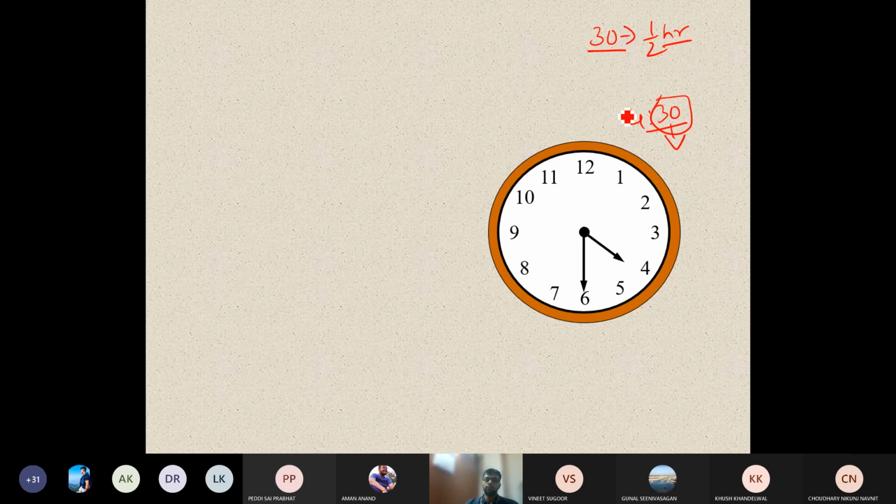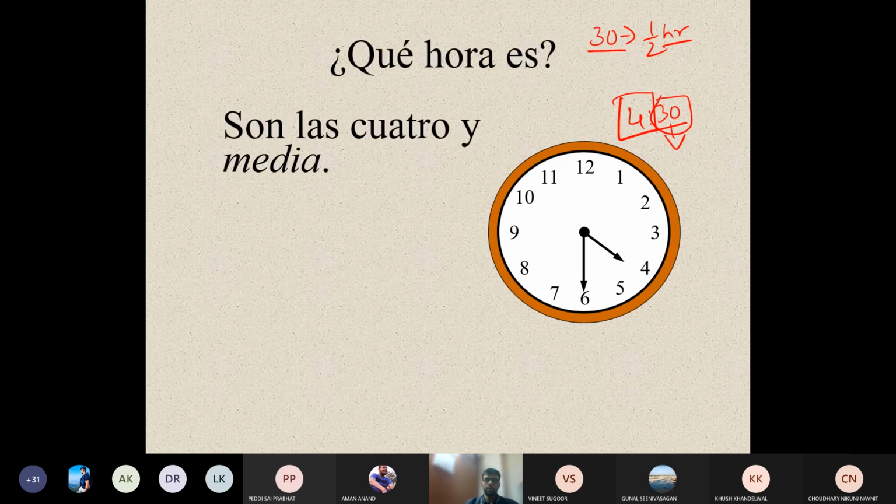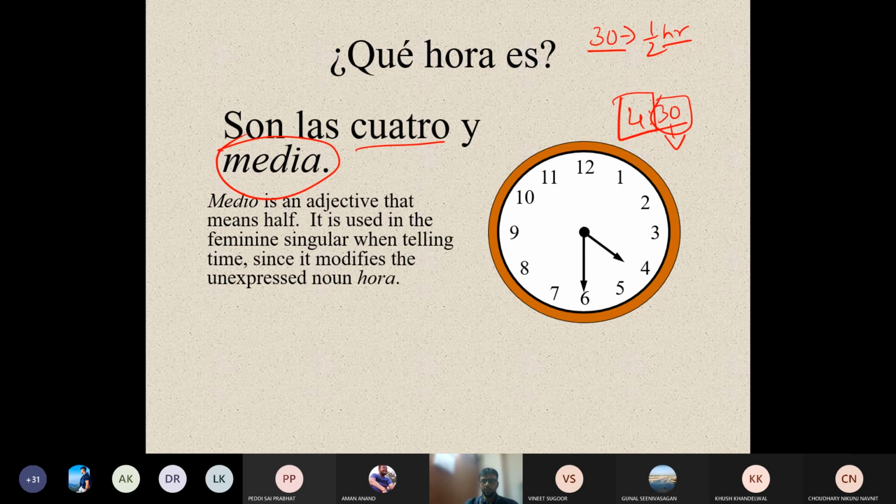So for 4, you can simply say son las cuatro, then y, and then the word for half in Spanish. So let us see what it is. So son las cuatro y media. So media is the word for half in Spanish, whenever the minutes are going to be 30.